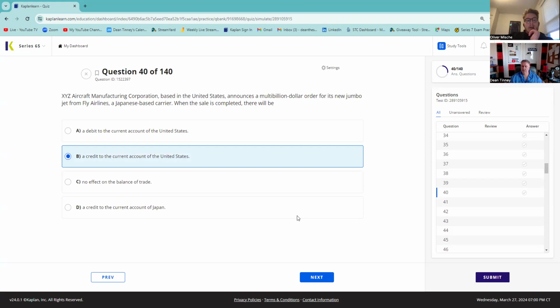And then, one of the big differences on the 65 versus the 66 is there's more of this kind of economic stuff. And then they'll also ask you again about the value of the dollar and how that would affect, in this case, let's call it Boeing, and let's call this Nippon Airlines. When the dollar is weak, that would help US exporters.